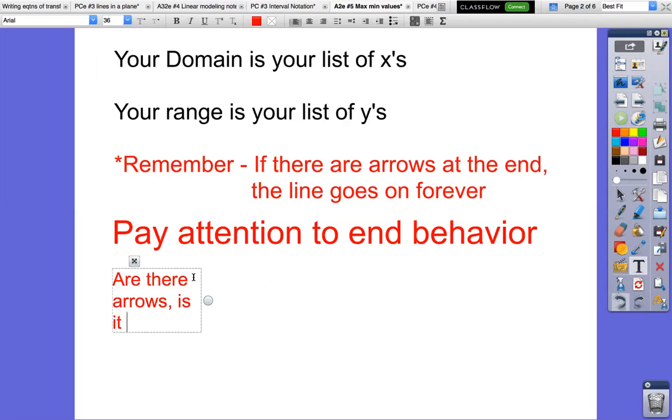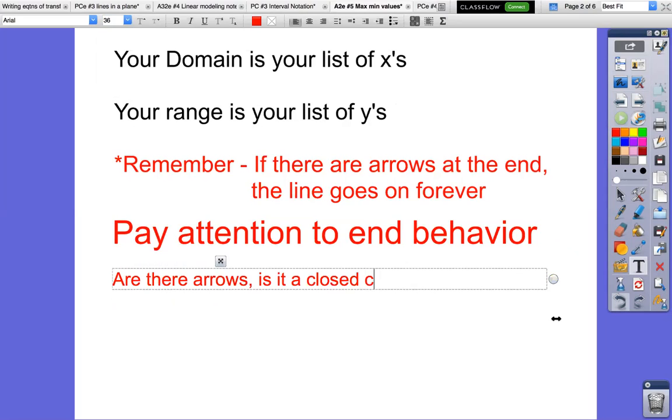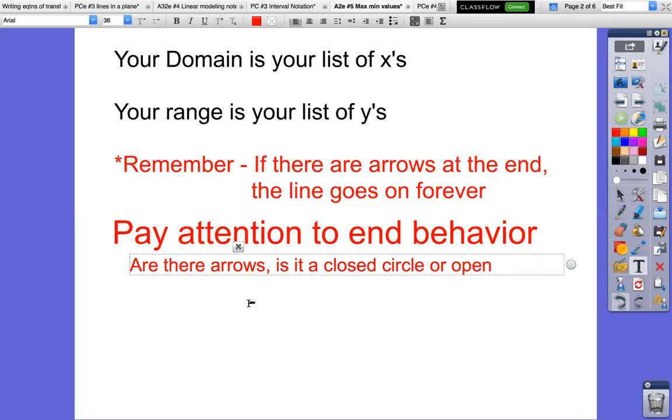Is it a closed circle or open? That's what I'm talking about in end behavior. All right. So again, today, I just want you guys to start to have the concept or the idea of what is my domain and range going to be? Is it open or closed, and what does that mean?